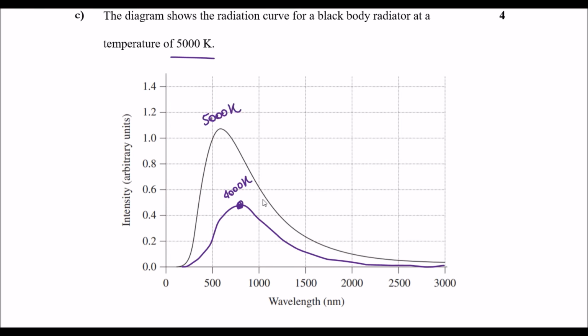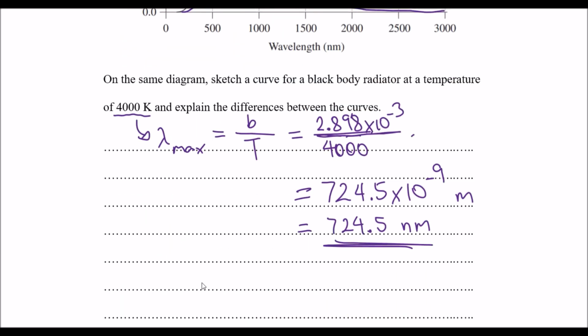Well, we can see from the peaks that the 4000K one has a larger wavelength for its peak wavelength. So 4000K, higher maximum wavelength.